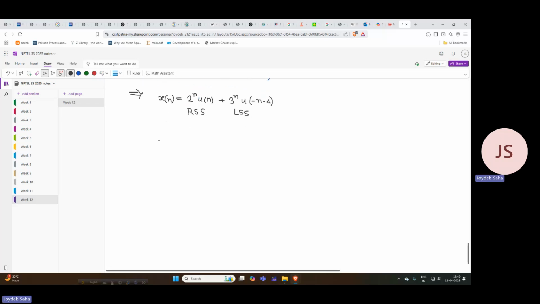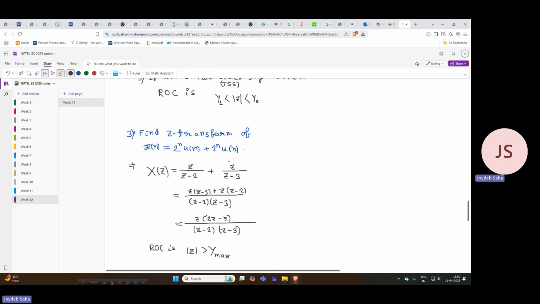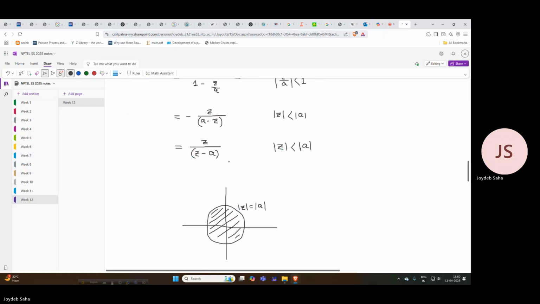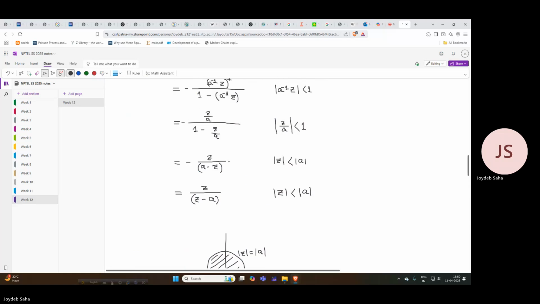So X(z) will be z upon z minus 2, plus, or minus, because it was plus, right?